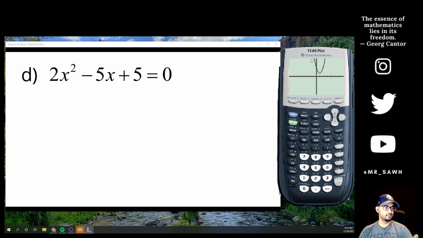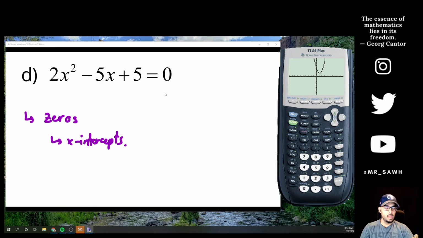So here's my graph. All right, now something to think about here. If my equation's equal to 0, I need to find the zeros, which really means the x-intercepts. Now if I look at this graph, it does not cross the x-axis anywhere, so there are none.